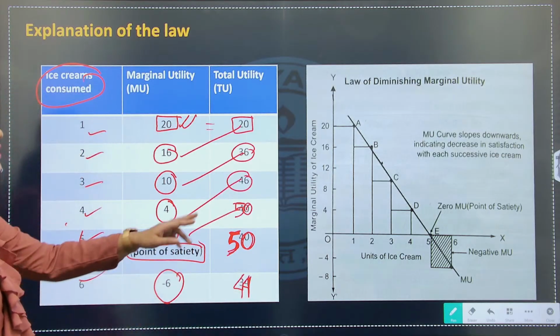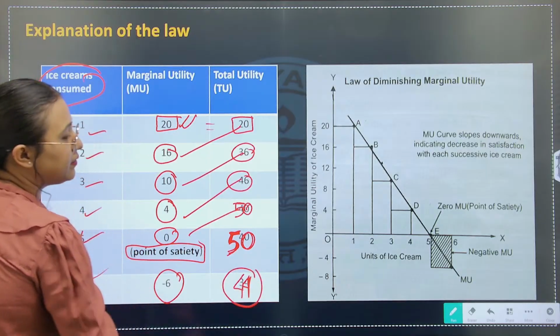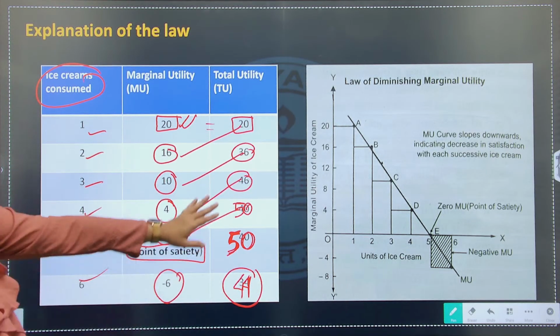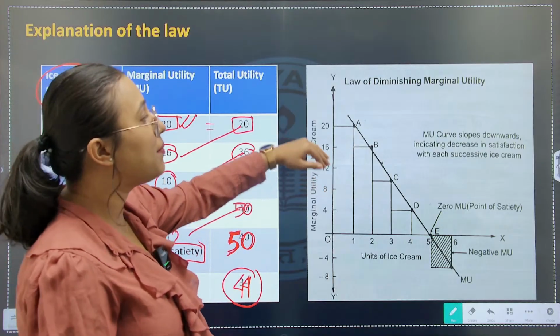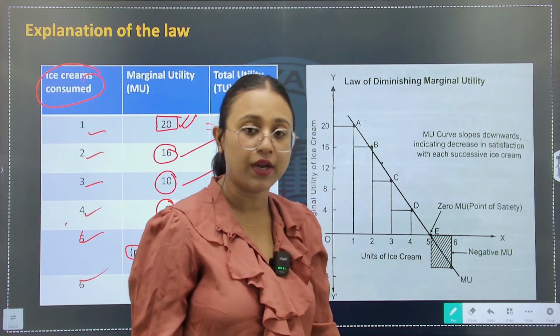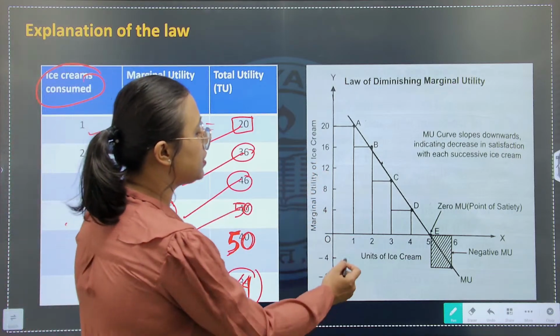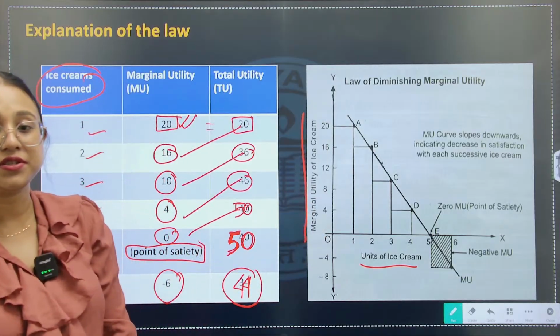So there is a little change in the explanation of the law of DMU. Okay? Please, there is a typing mistake, change this. Okay, so this is how you find the total utility. Now if we have to draw the marginal utility curve, so first unit of consumption, how much do we get? On one side, suppose, units of ice cream we take, and on the other side, marginal utility received from the ice cream.